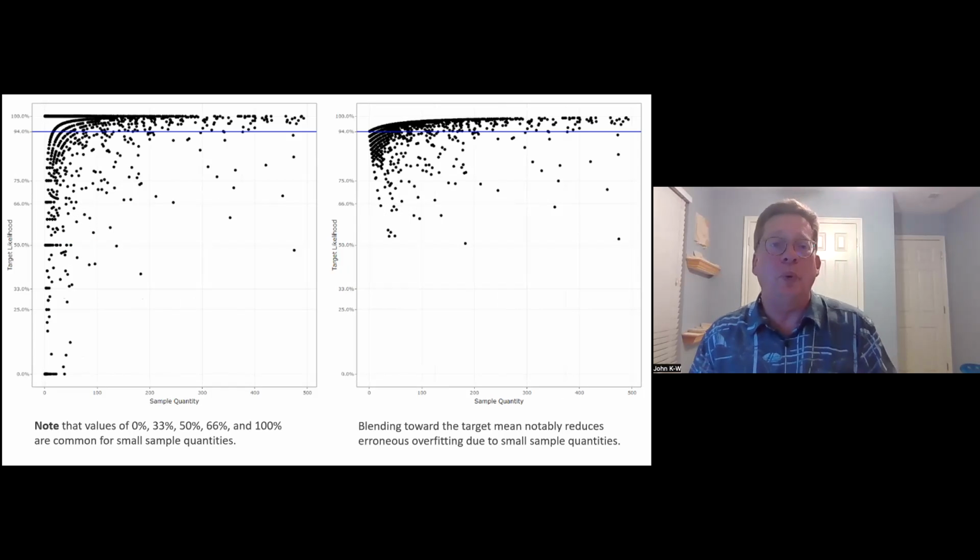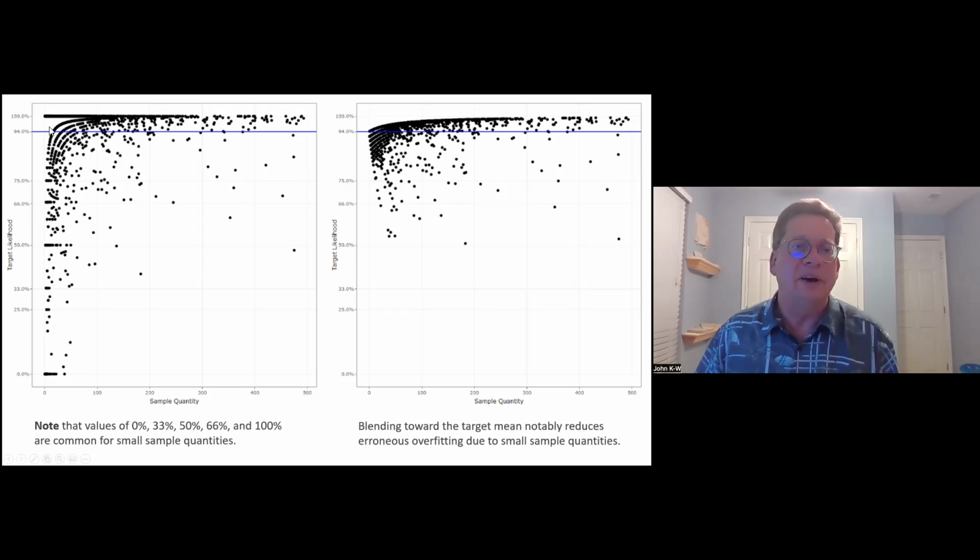So we ran into a number of different analytic situations where we had lots of occurrences of things like means of 94%, which meant that we had a lot of different categories that qualified as being 100%.